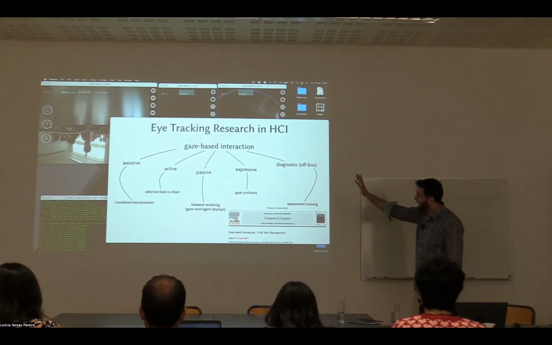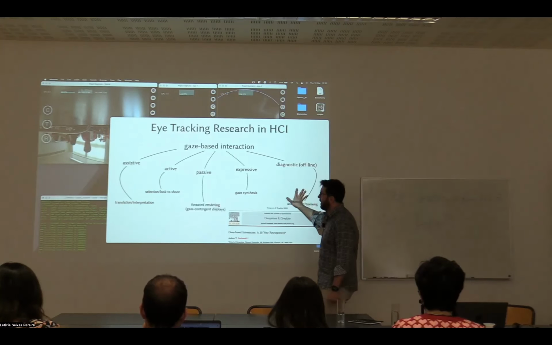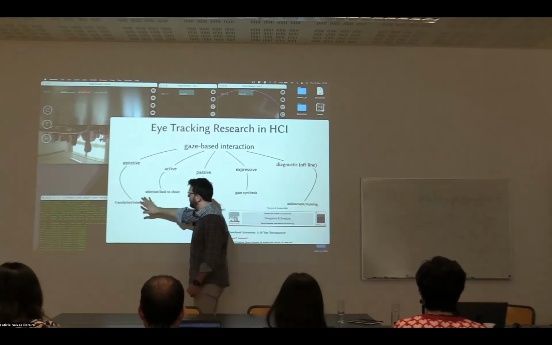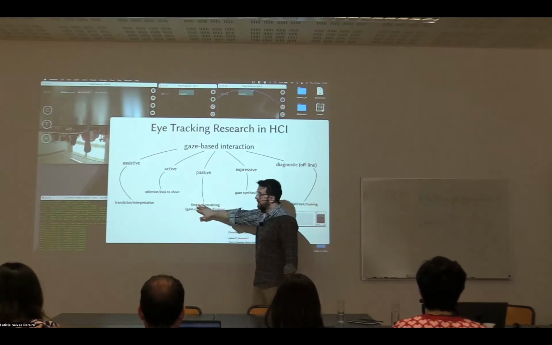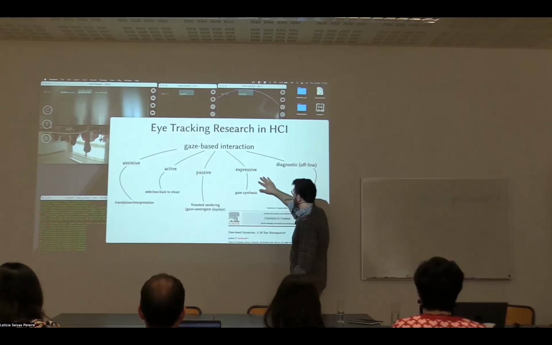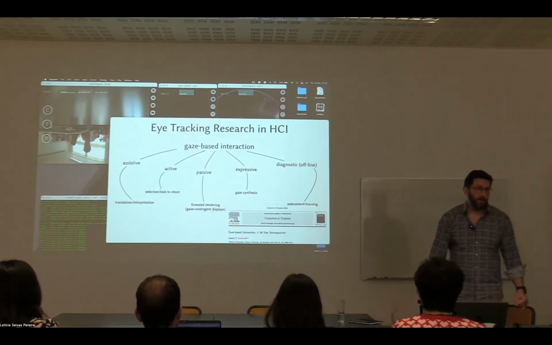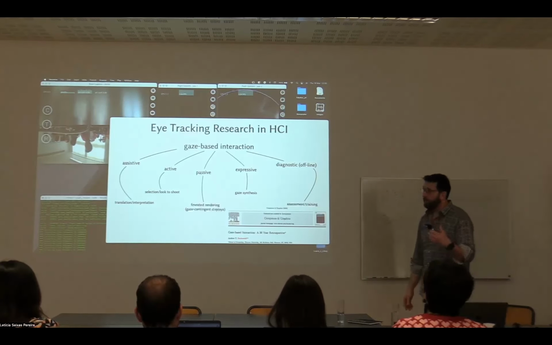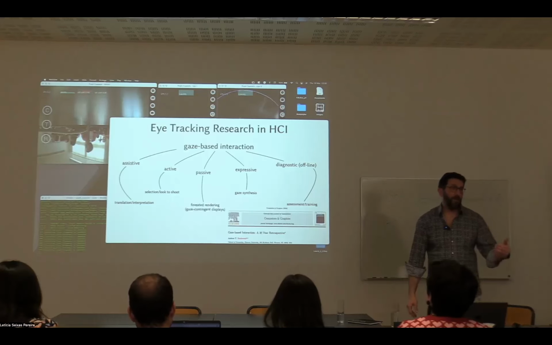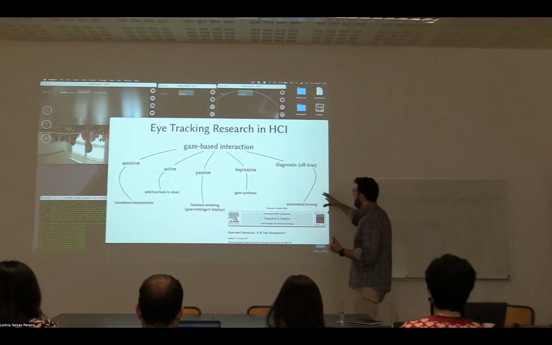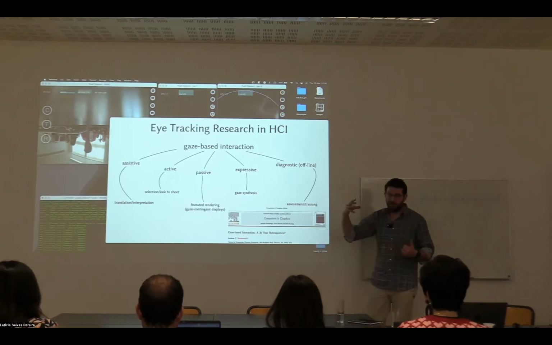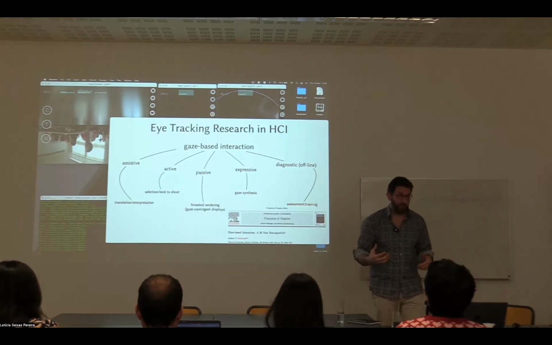So what we can have, the gaze-based interactions in the research, we have assistive usage of gaze into the interaction: active, passive, expressive, and diagnostic, which is offline. And when I was talking about the cognitive load so far, I was mainly having in mind this diagnostic use of eye movements or eye information.